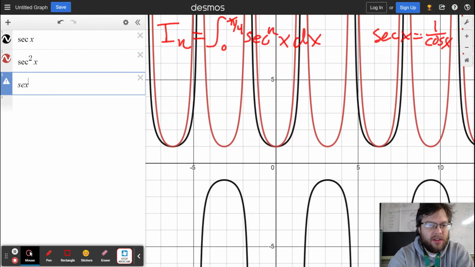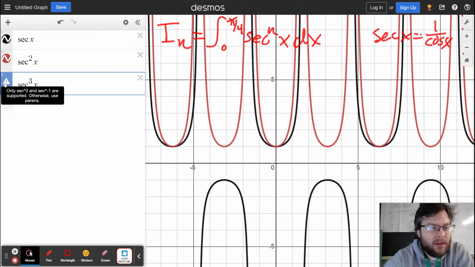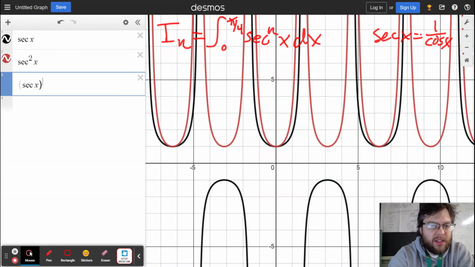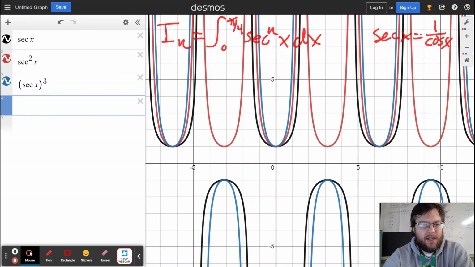There's secant, oops, not that. Secant to the third power of x. Is it not going to do that? Ah, okay, use parentheses. So here's secant to the third power, and et cetera, et cetera.